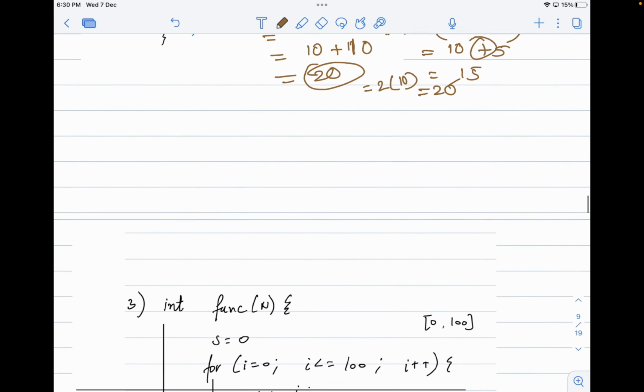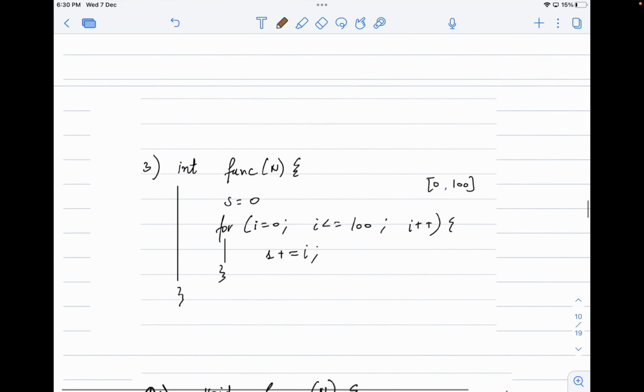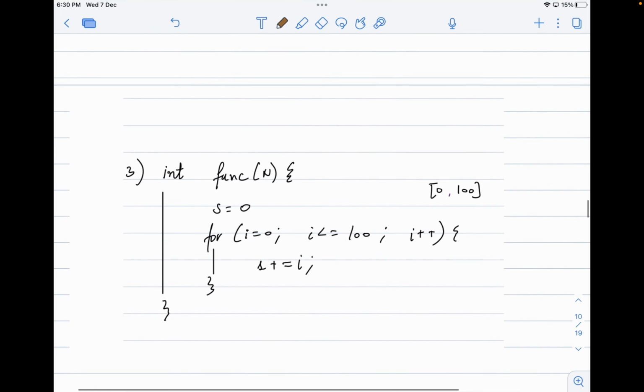Okay, this is a simple way. Second, we have done the third formula. See now, your I is starting from 0, then it is going till what, 100.